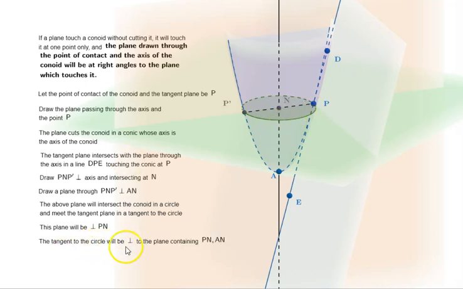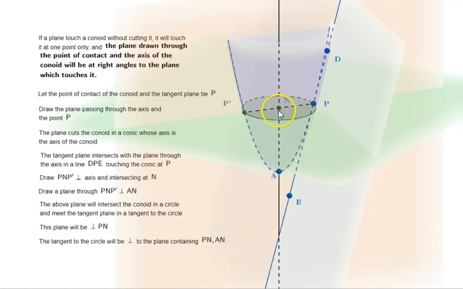The tangent to the circle will be perpendicular to the plane containing PN and AN. So the tangent to the circle, this tangent is also the tangent of this circle. So the tangent to the circle will be perpendicular to the plane containing PN and AN. And which is the plane containing PN and AN?